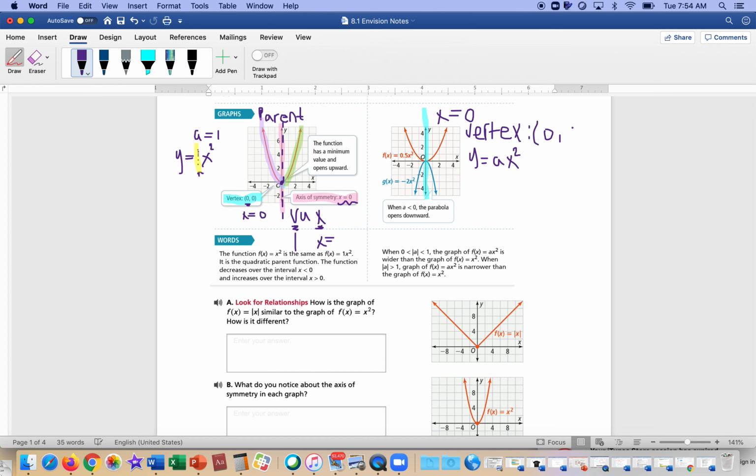Again, we'll get to how to find the vertex later. And we know our axis of symmetry is always the x coordinate of the vertex. I'm going to write AOS for axis of symmetry. And again, it's the x coordinate of the vertex.